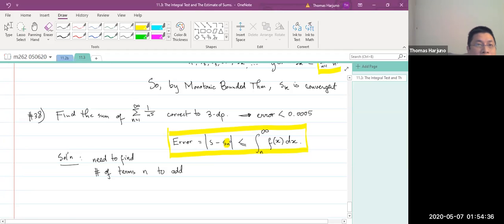For that, I need my error, which is set to be at most 0.0005, to be less than or equal to the integral from n to infinity of 1 over x to the 5th dx.